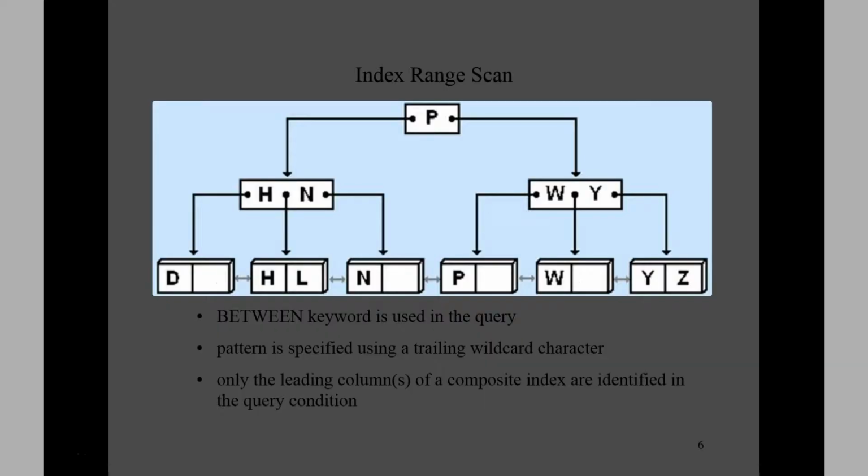So let's consider how a range scan is performed. The index tree is entered through the root. The search proceeds from the root downward to the leaf node containing the first row included in the range.